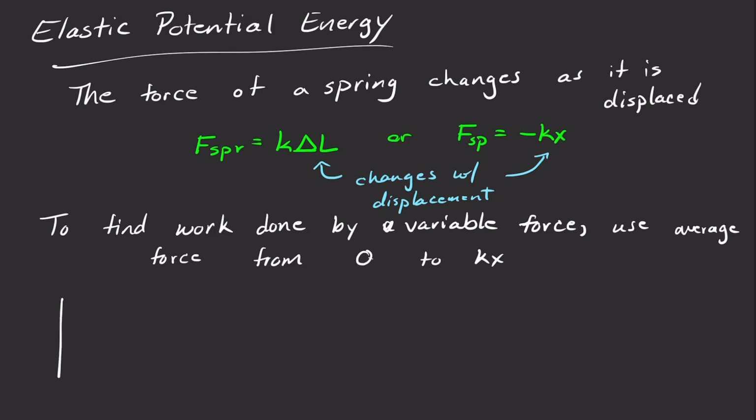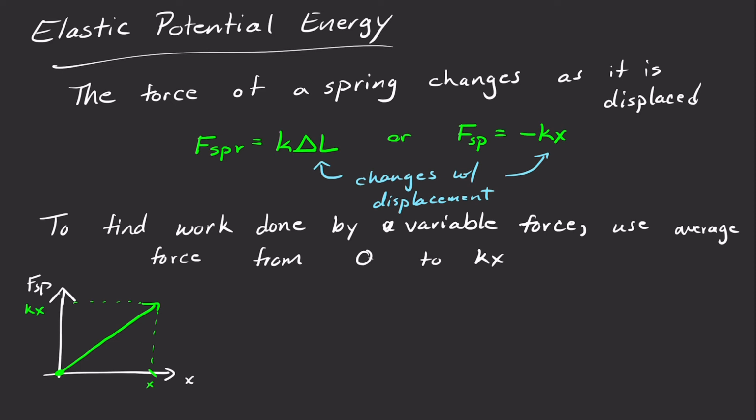So what do I mean? Well, if we plot the force times the displacement, so F of spring times x, when x equals 0, the force is just 0, but then it increases as we stretch the spring. And it's linear. This looks like the equation of a line. So this is my spring force. So when it's some distance x away, then the spring force, its magnitude, is just kx.